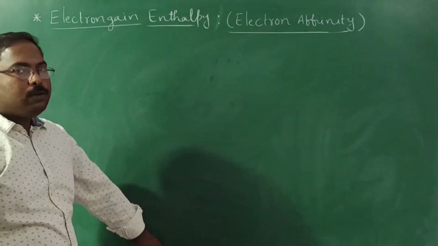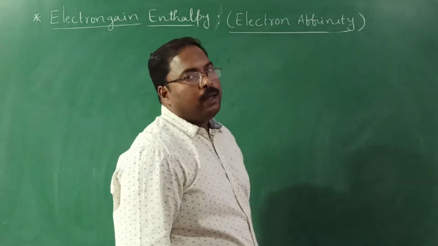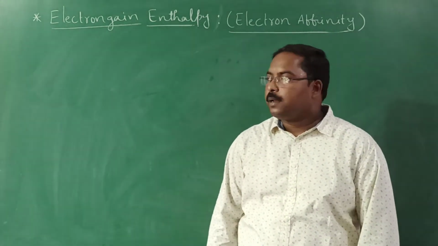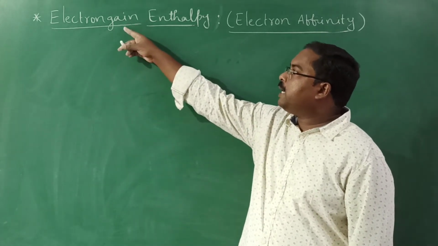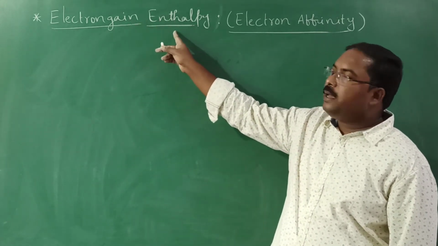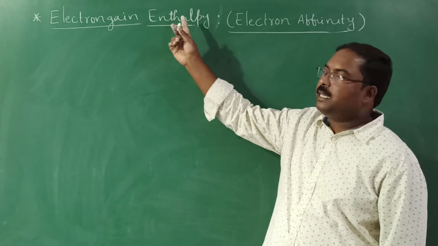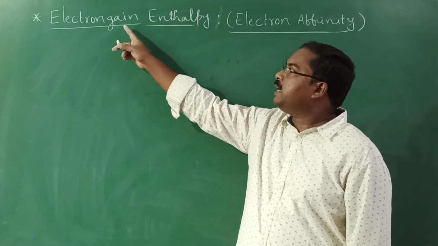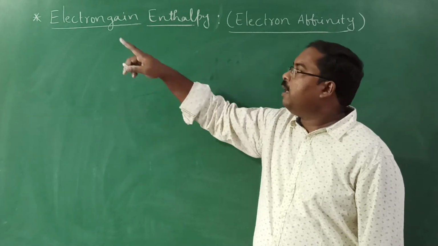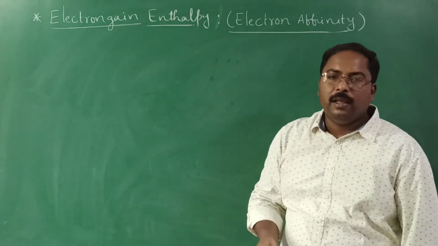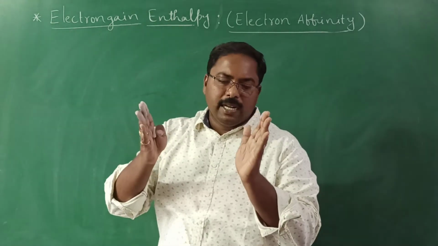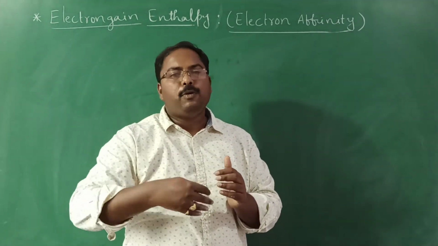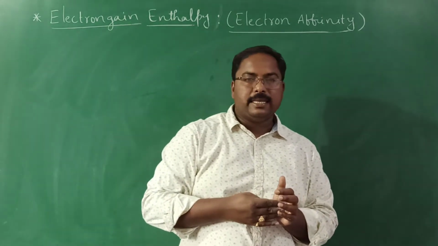This is our new periodic property, but it is quite opposite to the ionization potential concept. From the name we can understand this is enthalpy, or nothing but energy. So it is the energy released during the addition, the gaining of an electron. Because whenever we add something, definitely some amount of energy will be released.